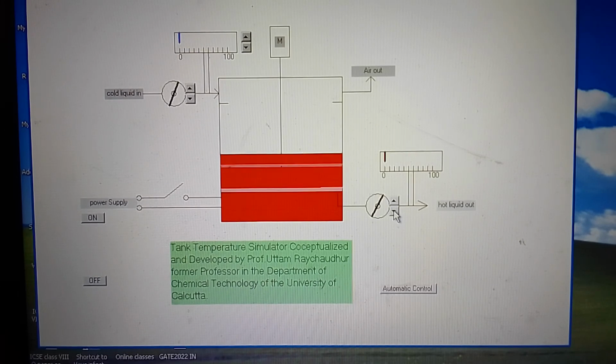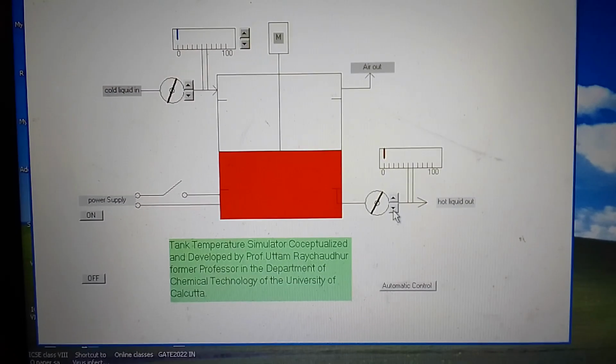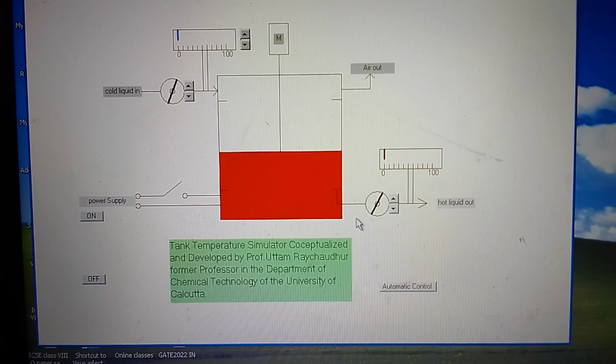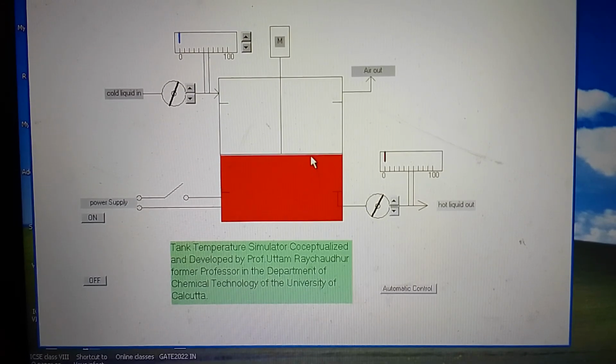Manually we can maintain this 50% only with great difficulty because there are two valves, one at the top and another at the bottom. If the tank is large and generally metallic, you cannot see the level. You have to use a dip tape or dip rod or gauge glass to see the level.